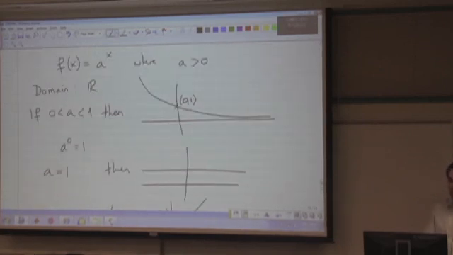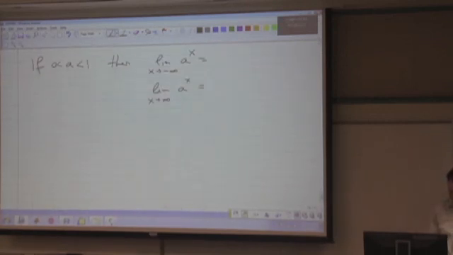Picture is worth 1,000 words. That picture, when x goes to infinity, your function goes to 0. When it goes to minus infinity, your function goes to plus infinity. Does that make sense?